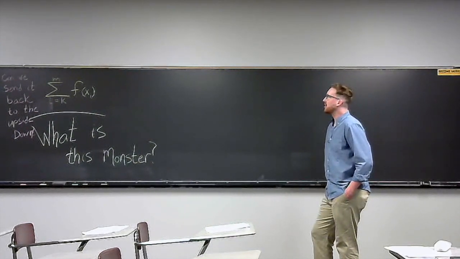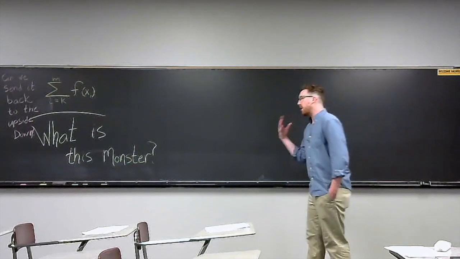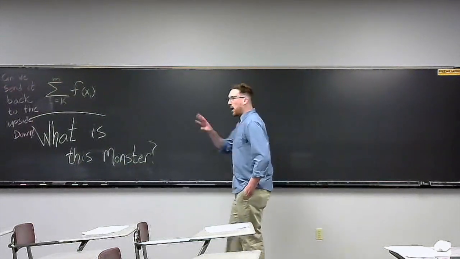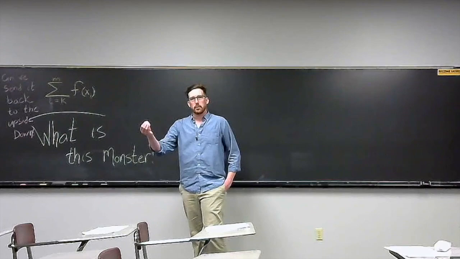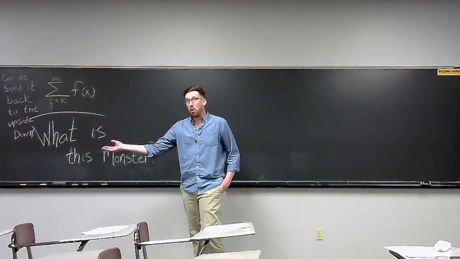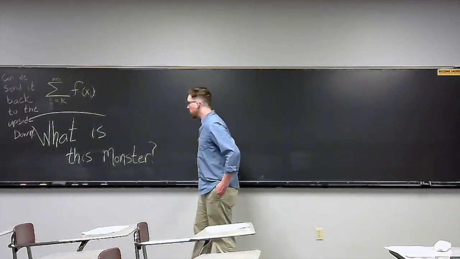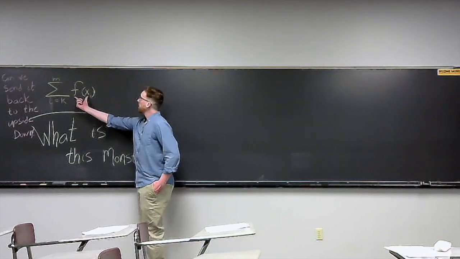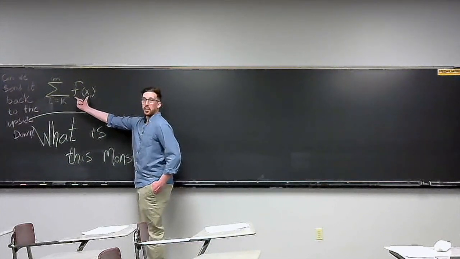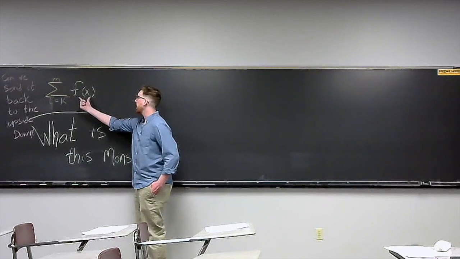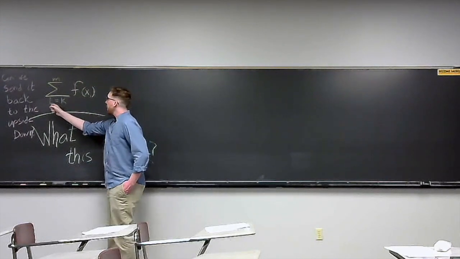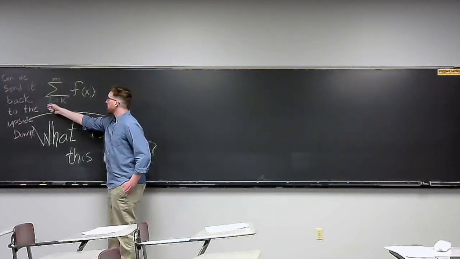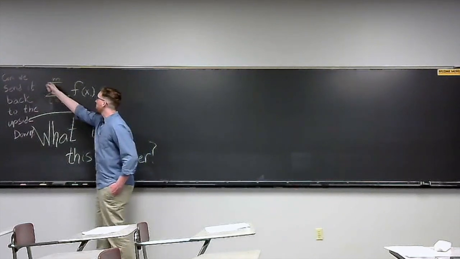So what this thing is doing is it's saying we have a particular rule for how we're going to pick each term, and then we're just going to add up all those terms. The rule is whatever your function is, whatever that equation, I should say, is. And it tells you where you're going to start and where you're going to end.